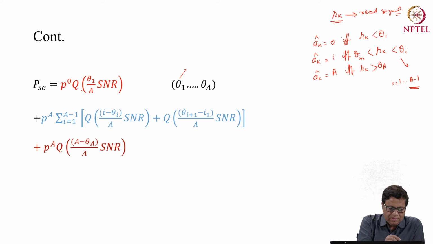So this P0 is the probability that it's an empty slot, and it is given by our standard equation in terms of the Q function, which is theta 1 divided by A into SNR.